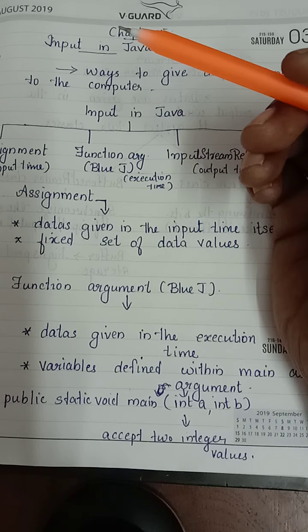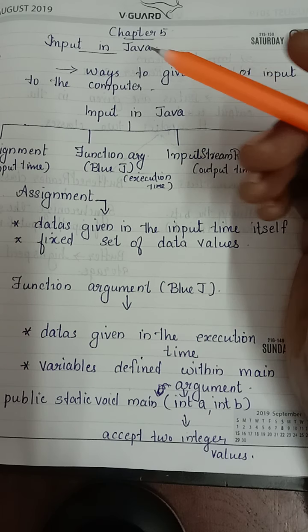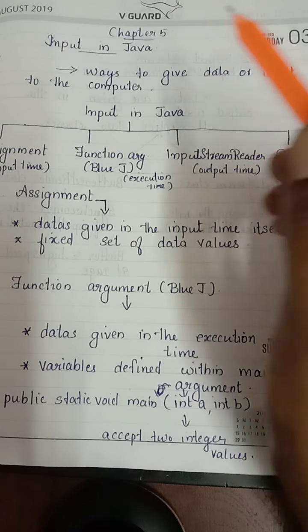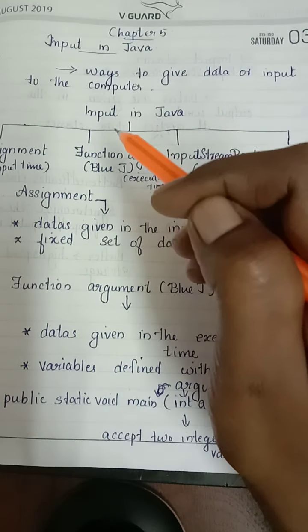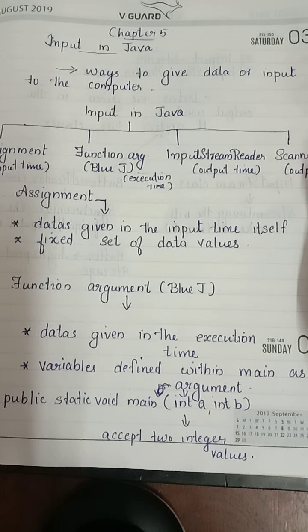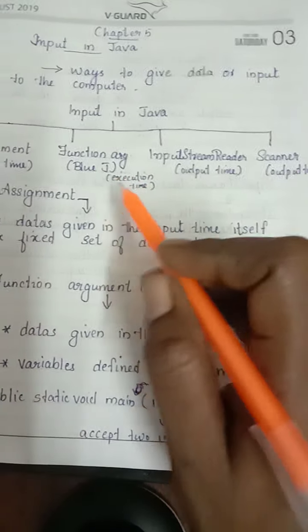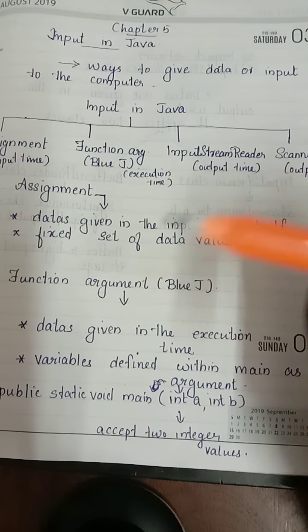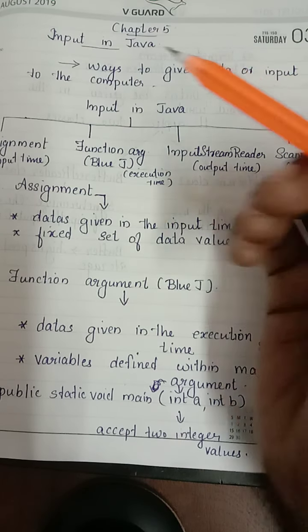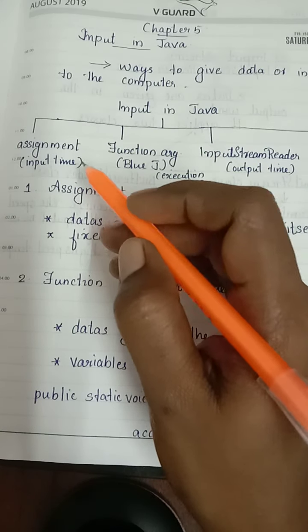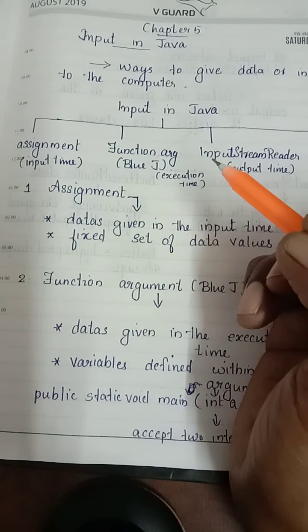To accept values in Java programming, there are 4 different ways for giving input to the computer. The first one is the assignment statement, giving values by using an assignment statement.